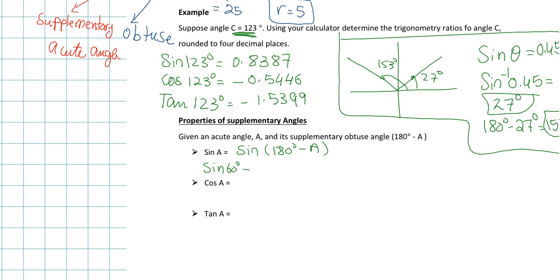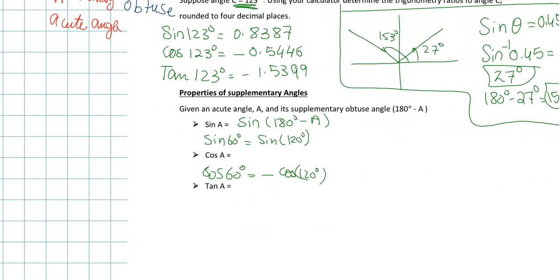How about cosine of 60 and cosine of 120? So cosine 60 is going to equal negative cosine 120, yeah? So if I'm going to write this as a formula, I'm going to write it as... And how can I make these two equal to each other?